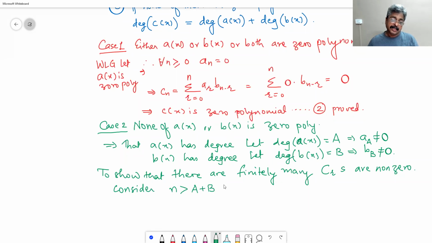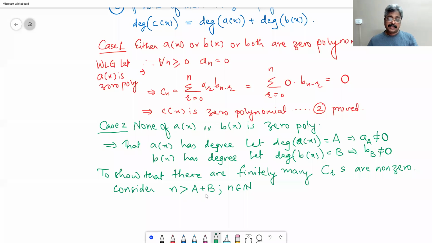Suppose we consider a natural number n which is greater than A plus B, because A is the degree of polynomial a(x) and B is the degree of polynomial b(x). If I consider any natural number bigger than A plus B, then I am expecting that c_n, if I find it out, is going to be 0, right?